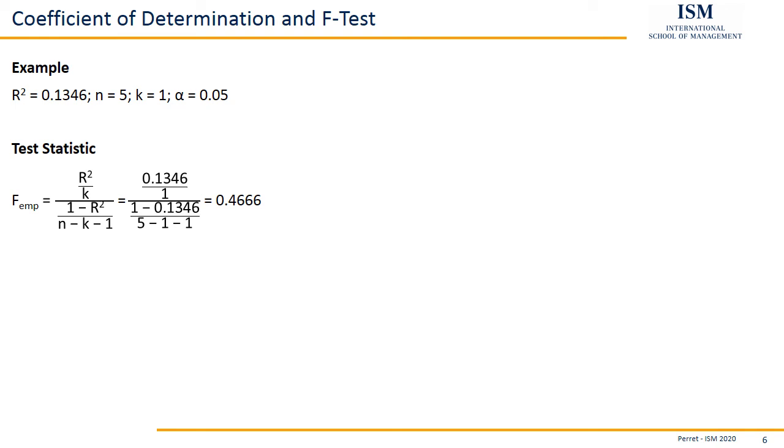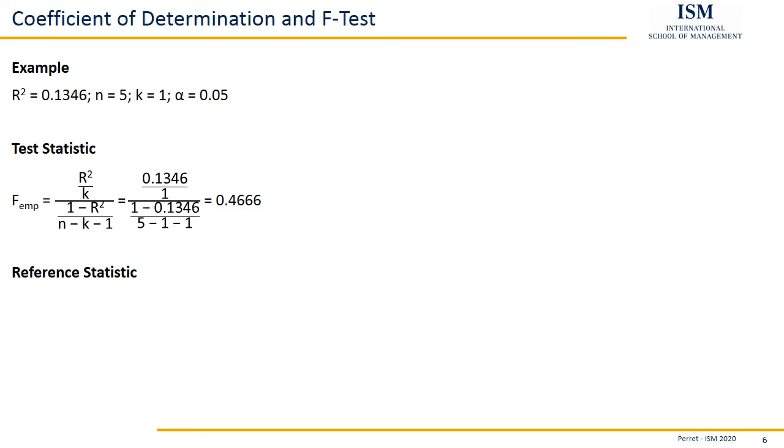So we take R squared divided by 1, because we only have 1 x, 1 independent variable, divided by 1 minus R squared, that's 1 minus 0.1346, divided by 5, number of observations, minus 1, number of independent variables, minus 1 again. And well, if we enter this into the calculator, we get a test statistic of 0.4666. That's the first part.